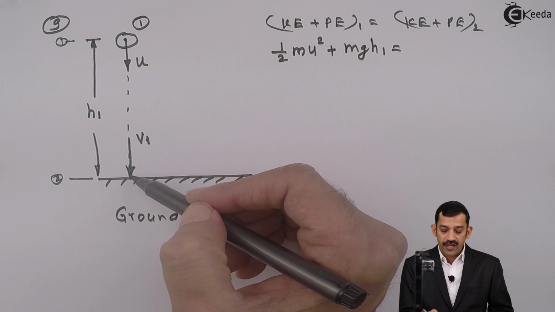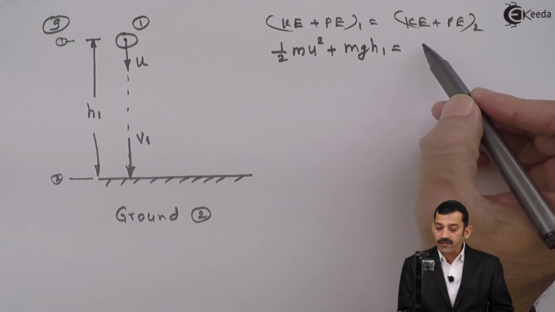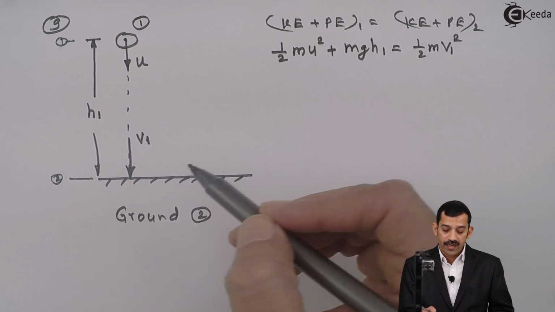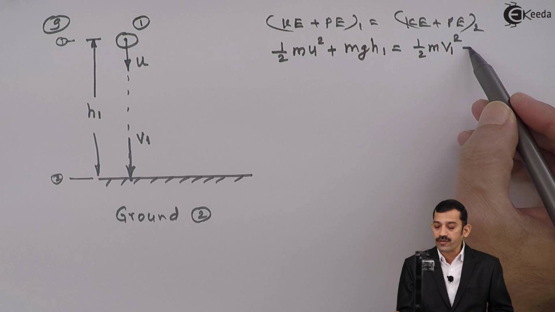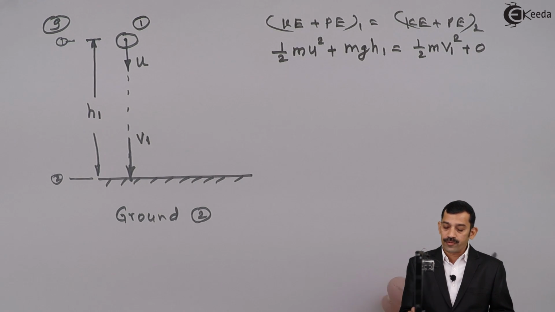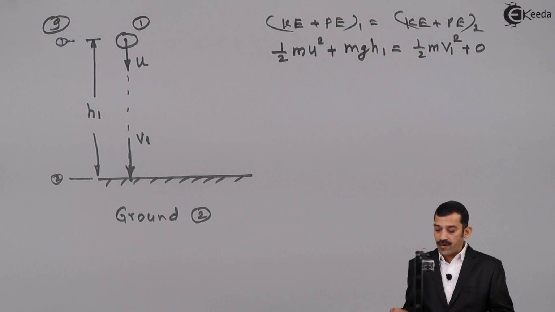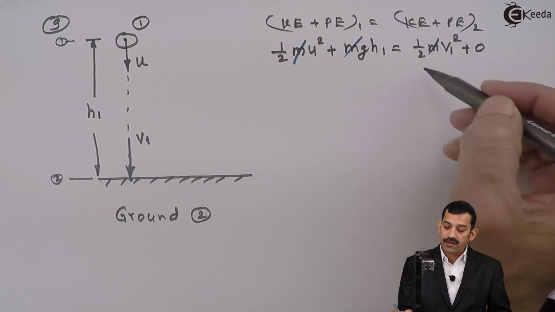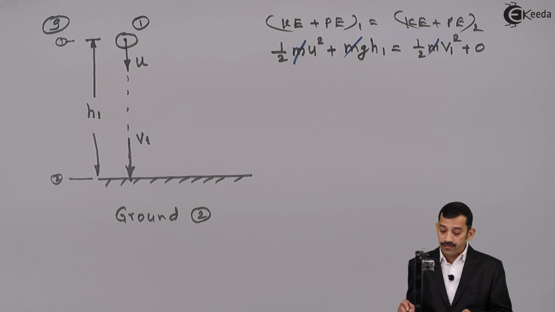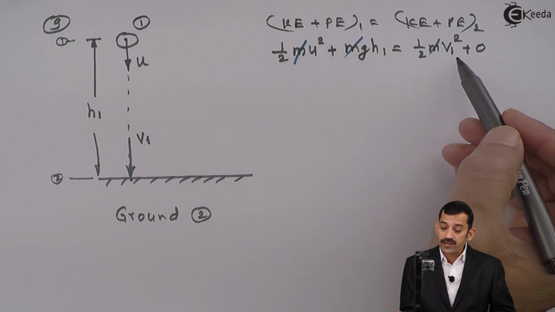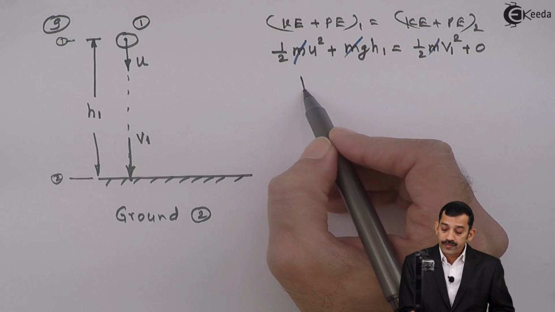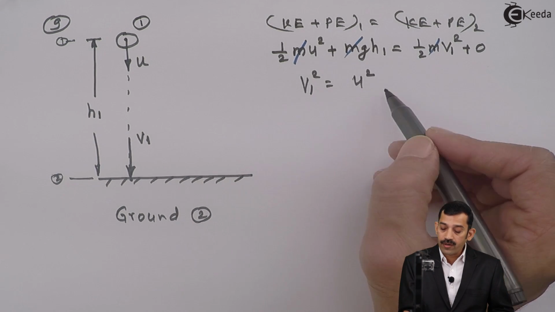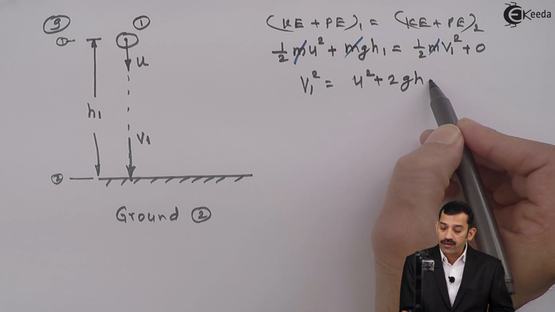Now when this body strikes with velocity v1, we get kinetic energy half m v1 square, and as it strikes the ground the height becomes 0, so the potential energy there becomes 0. Cancelling the mass m on both sides, and multiplying by 2, v1 square equals u square plus 2gh1.